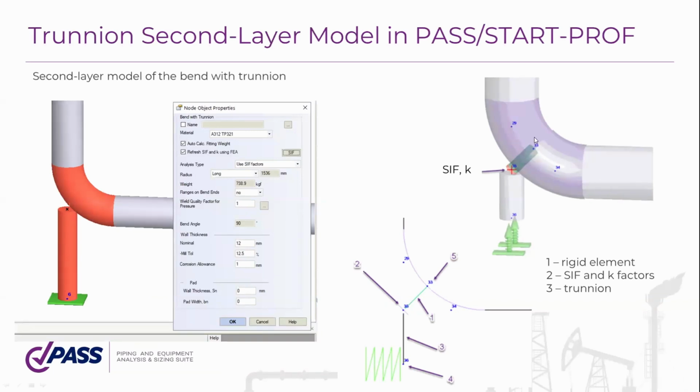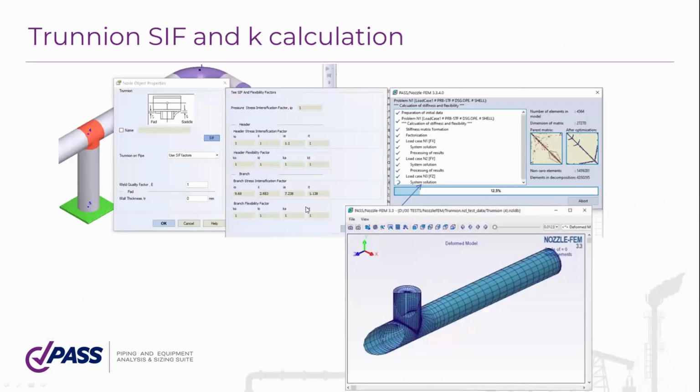This is the rigid element, this is the Trunnion, and it puts the stress intensification factor and springs with specific flexibilities using those K factors at this point. And it also applies the stress intensification factors and K factors for this bend element. So it automatically modifies the model.